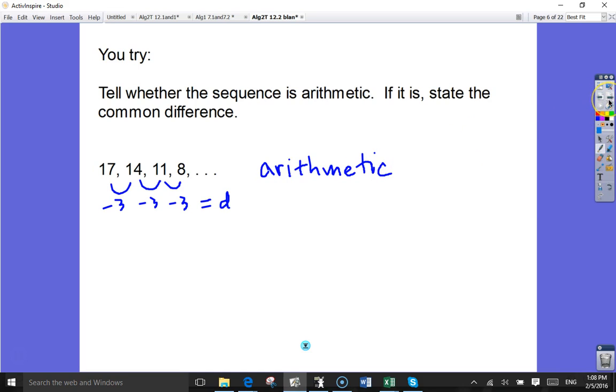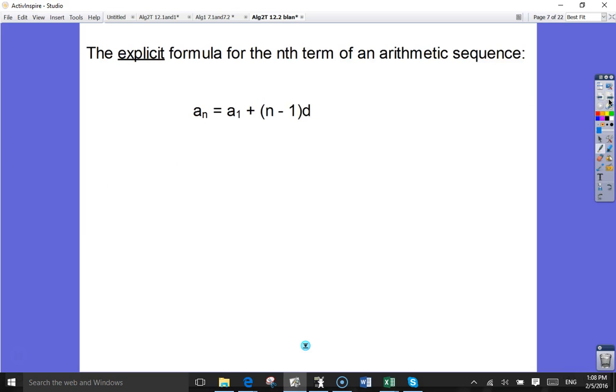So we have a formula for the nth term of an arithmetic sequence. If you look on the formula sheet, under arithmetic, it's the first formula. Look at all the terms in this. a_n means the nth term of the sequence.